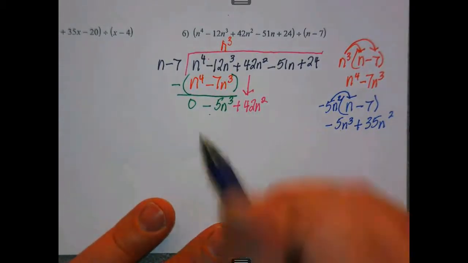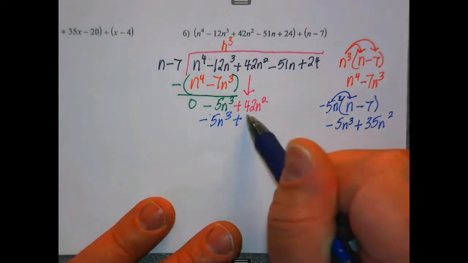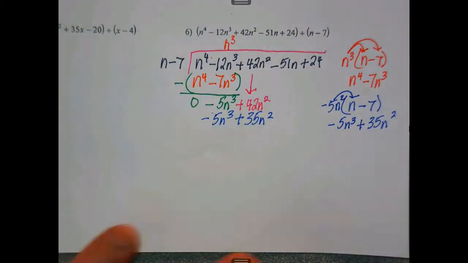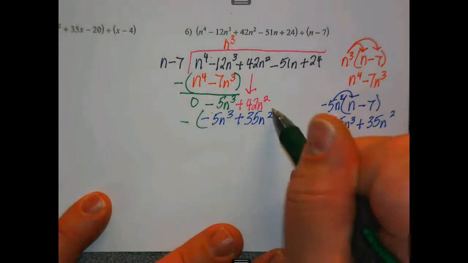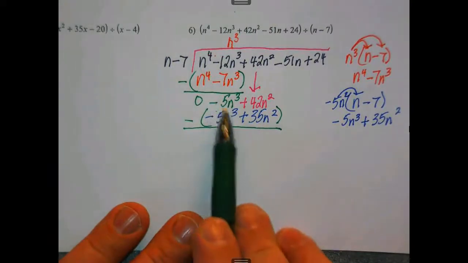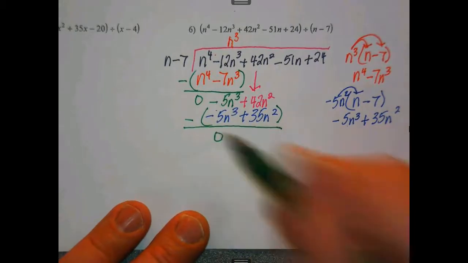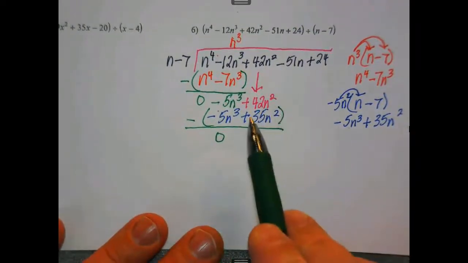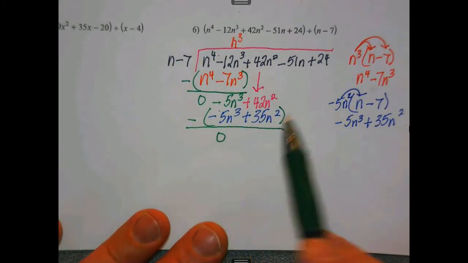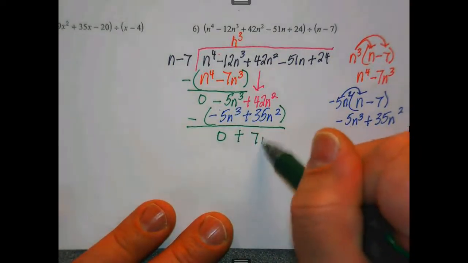There's my product: negative 5n cubed plus 35n squared. Subtract the entire quantity. Negative 5n cubed minus a minus is a plus 5n cubed. There's my 0. 42n squared minus 35n squared is a positive 7n squared.